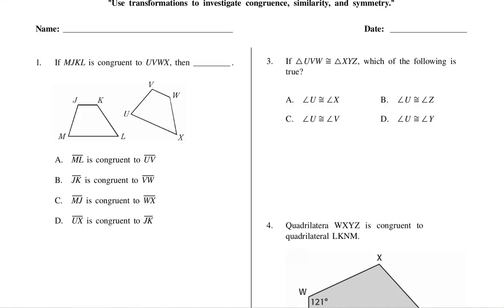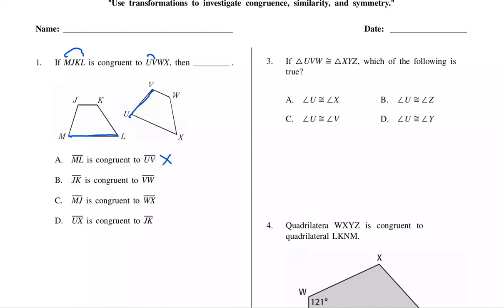So it says ML is congruent to UV. So let's look. So ML right here is congruent to UV. Well, just looking at it, I don't believe that that's the case. But we can even go back and look at our problems here. So this says ML, which is my first letter and my last letter, goes with UV, which is my first and second letter.